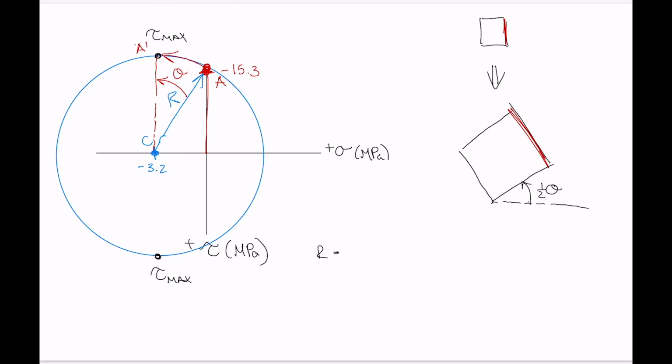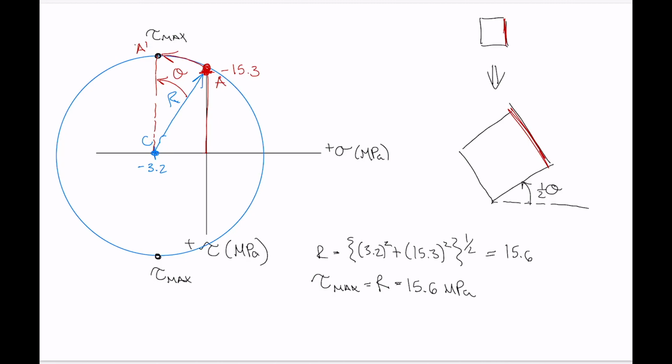So we've got the square root of 3.2 squared plus 15.3 squared, power of 1/2, gives us the radius, which is 15.6 megapascals. So tau max, the value of the maximum shear stress, is equal to the radius of the circle, which is equal to 15.6 megapascals.